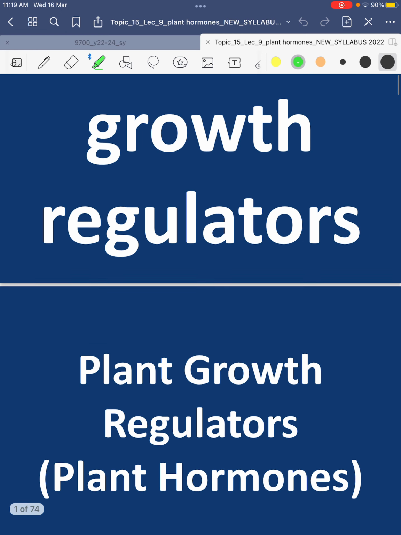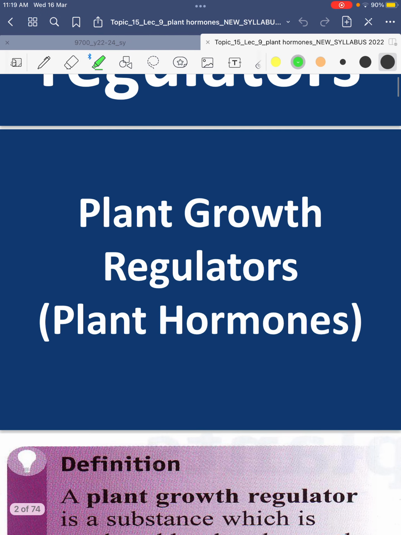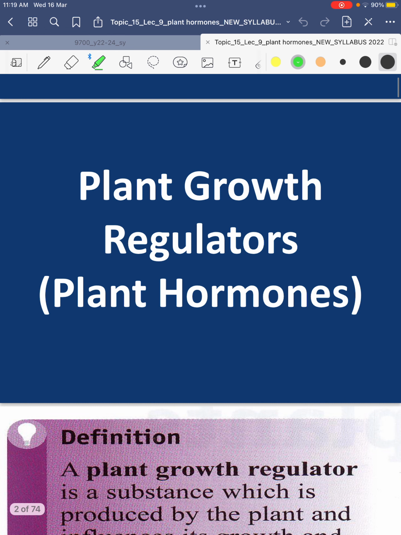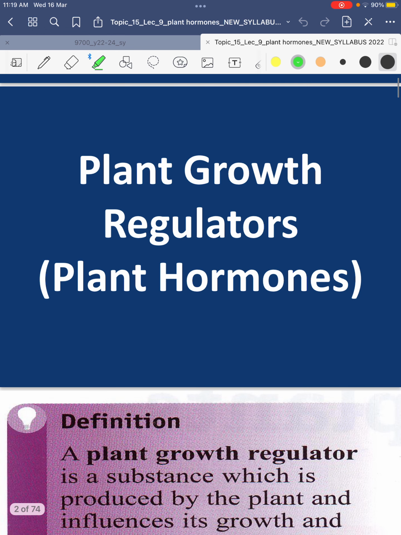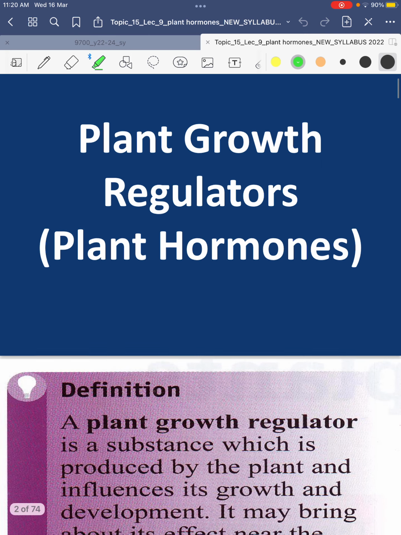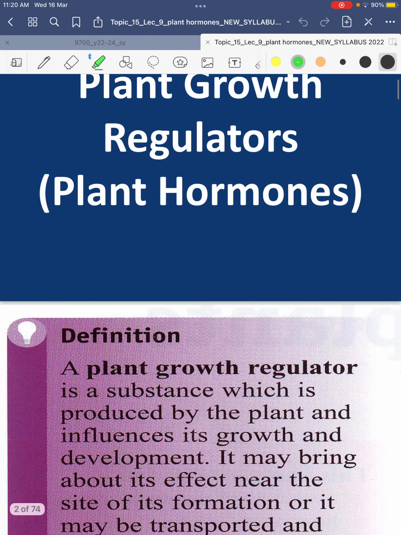Okay, plant growth regulators. So before we talk about all these names of plant growth regulators, which includes auxin and gibberellins, what is the meaning of plant growth regulators, or also known as plant hormones?